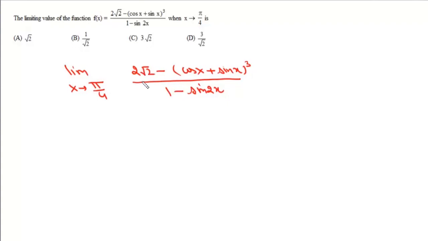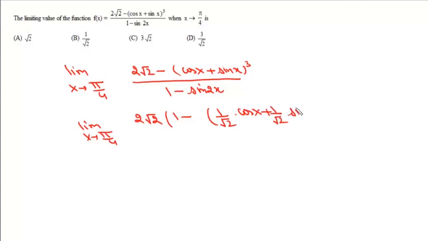Now what we'll do is, we'll take this 2 root 2 common, then we can write limit x tends to pi by 4, it is 2 root 2, and it will be 1 minus (1 by root 2 cos x plus 1 by root 2 sin x) whole cube upon 1 minus sin 2x. Now this is cos A cos B plus sin A sin B, so it will be cos (A minus B).